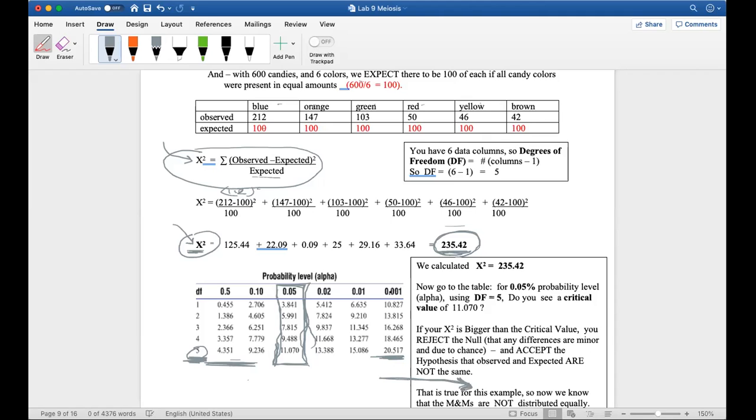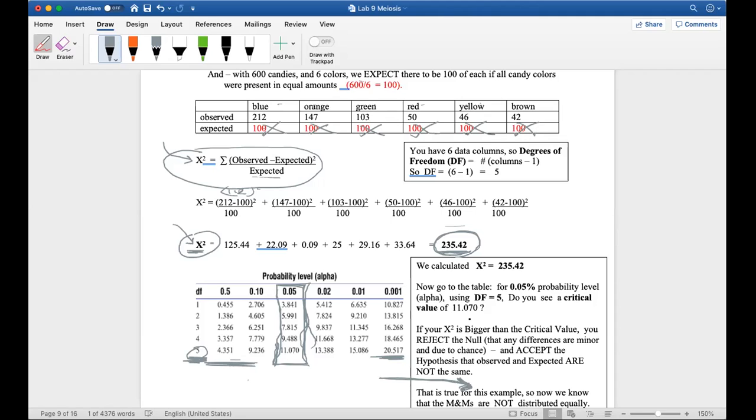That means if you were to extrapolate this out, this number is going to get smaller and smaller. The probability that our numbers are the same and any errors are due to chance is really, really low. So what that means is that our assumption that these are put in equal amounts is not true, okay? These are not the same.